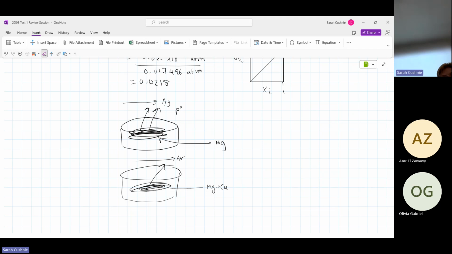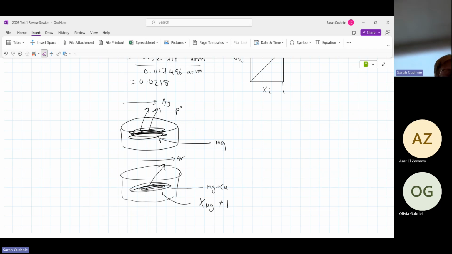They don't want to leave their friend alone in the crystal. And there's also less of it in here, because we have some magnesium and some Cu, so our x_Mg isn't going to be equal to 1. For the same quantity of substance in the crucible, you actually have less magnesium, so you're going to have less going into the air. Does that make sense? Yeah.